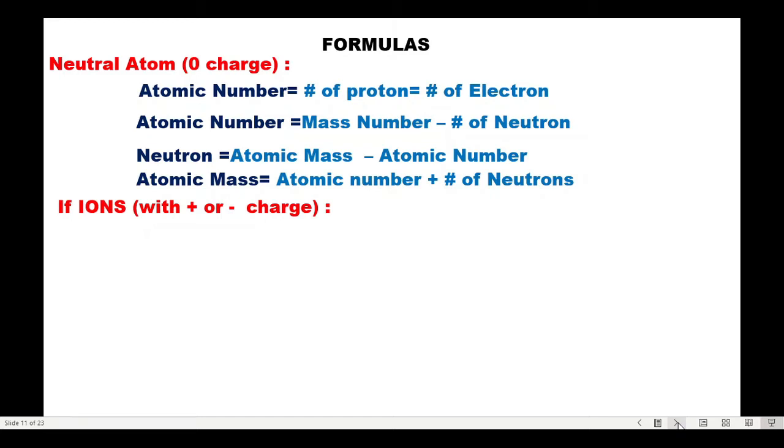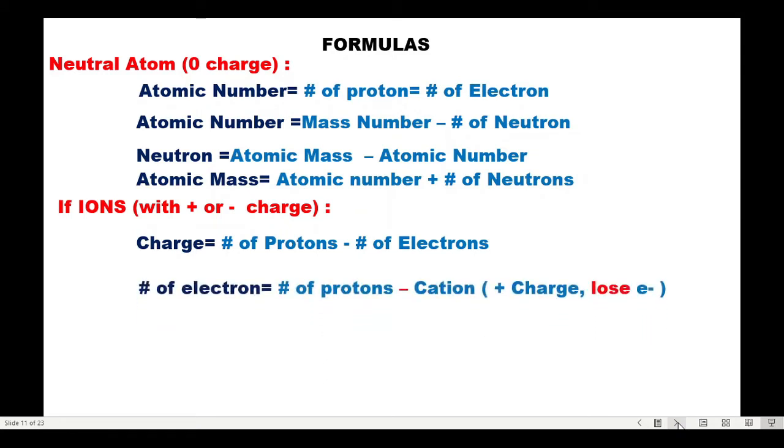But if it is ion, para makuha mo yung charge, means yung may positive or negative, cation or anion. So, to get it, proton minus electron. How to get electrons if there is a charge, kung ano siya, cation or anion.